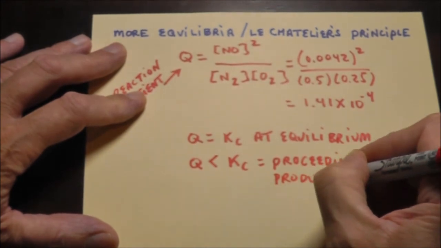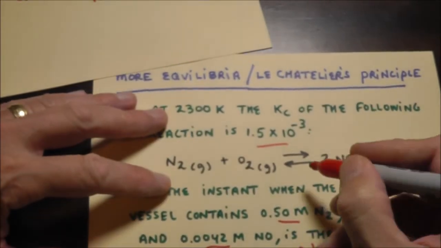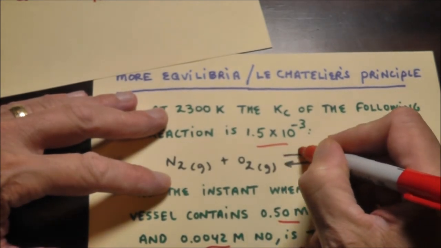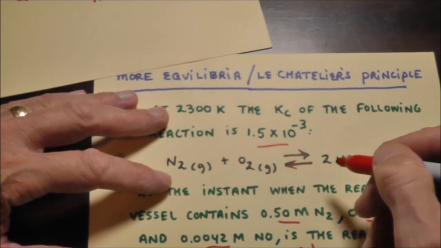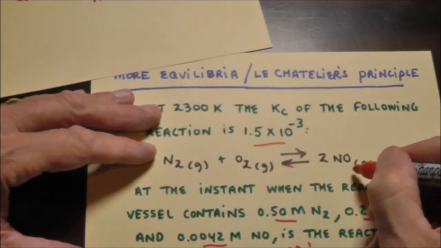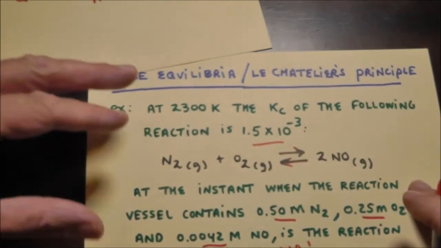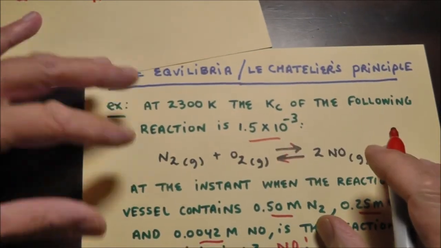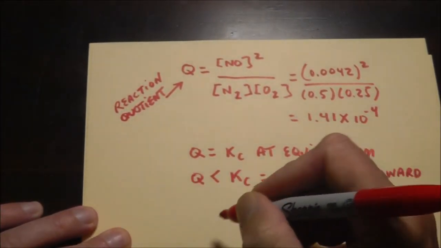What's going to happen is that the forward rate needs to increase and the reverse rate needs to decrease until that number gets bigger for concentration and these get smaller. And remember, these arrows are kind of indicating rates. So that's going to be moving towards the right.